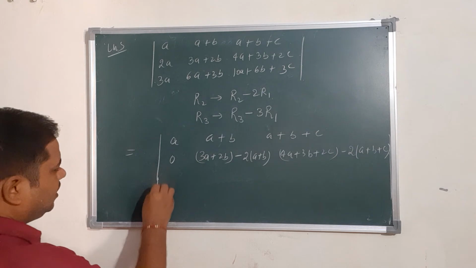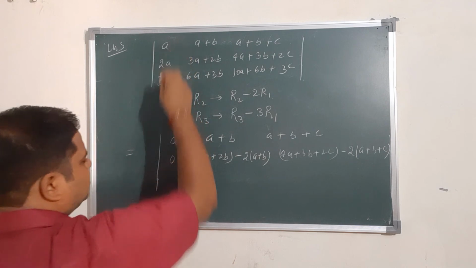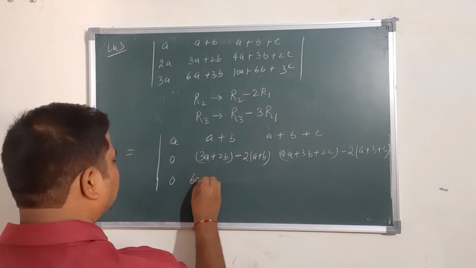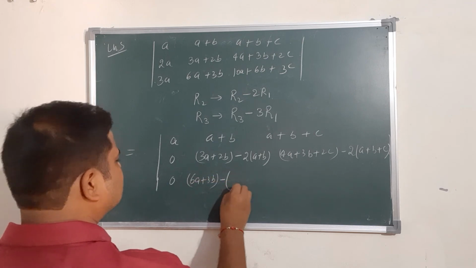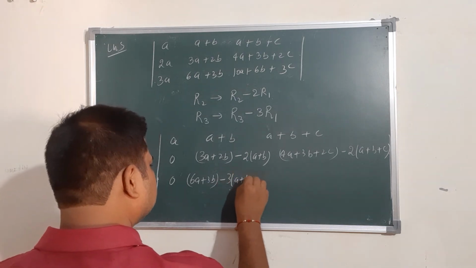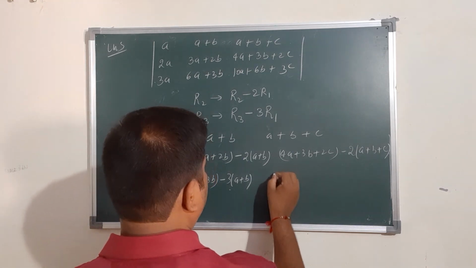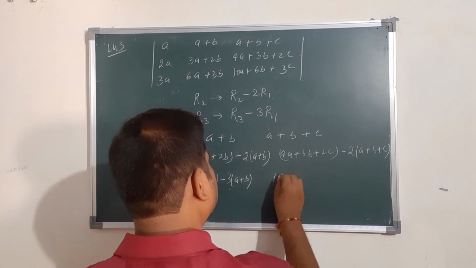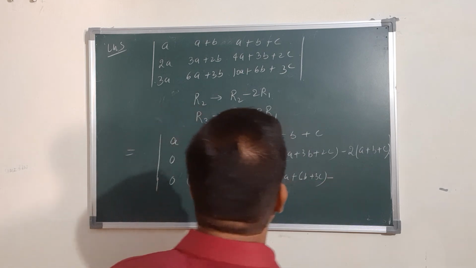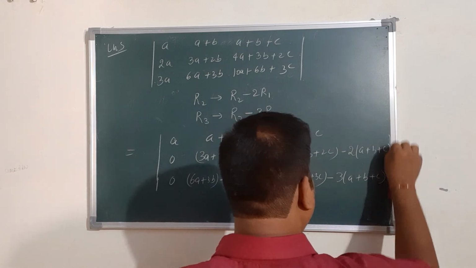Similarly, at the place of R3 we write R3 minus 3R1, so 3A minus 3A is 0. Again 6A plus 3B minus 3 times A plus B, and 10A plus 6B plus 3C minus 3 times A plus B plus C, and this we have to solve.